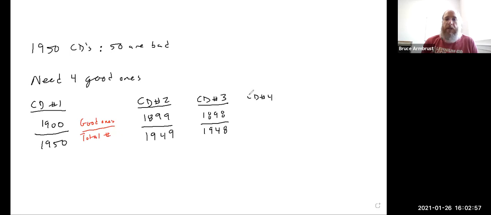And then if we go to CD number 4, you can see that the process is just kind of the same. We're just subtracting 1 from each of those numbers. So by the time we get to the 4th CD, this is our probability. That's the probability that we're still drawing a good one.